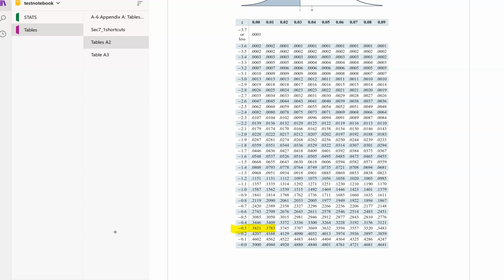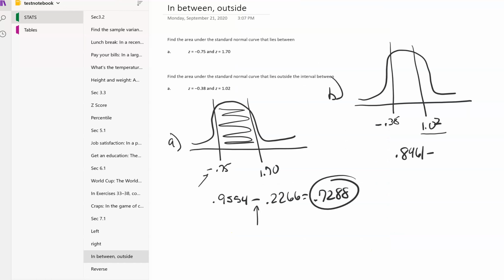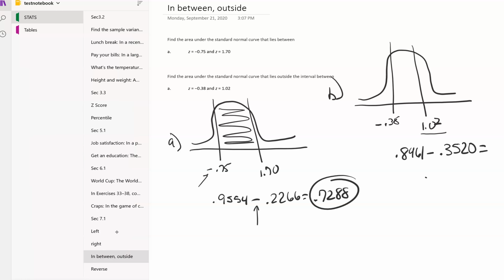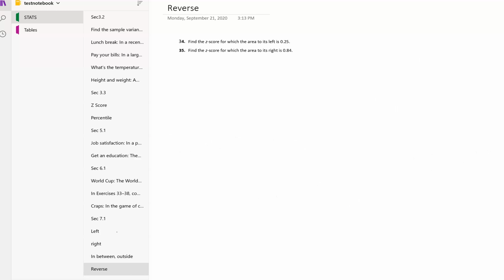Negative 0.3 is here, and the 8 is down here, so it's 0.3520. I have to subtract those. So 0.8461 minus 0.3520, 0.4941. That's my answer.